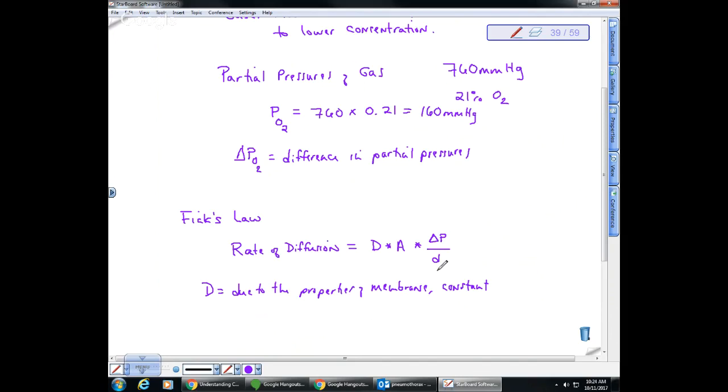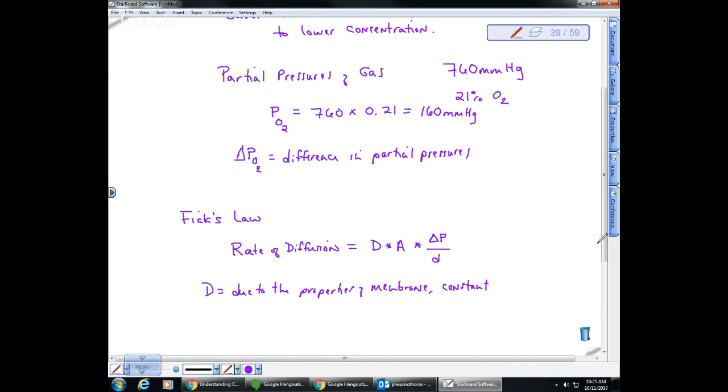Membranes can be different, like the dialysis tubing in cell biology, but it's a constant depending upon the membrane. Will the question give us the numeric value of that? No, I won't give you the numeric value. I'm just showing you how things change, so you don't need to know D.